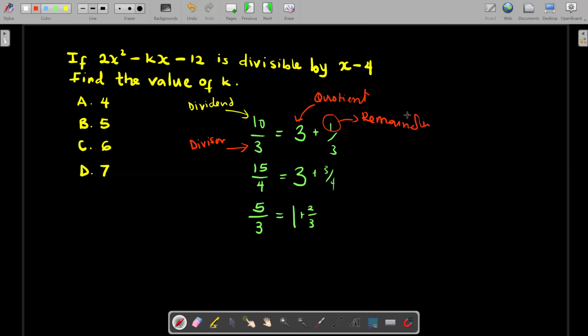So, generally speaking, it means during division, when you are trying to divide, we want to generalize now.